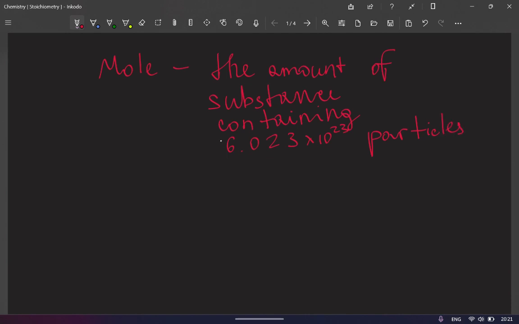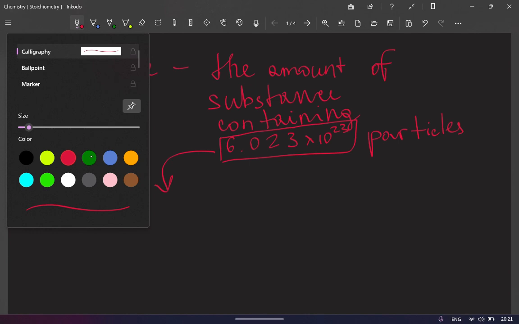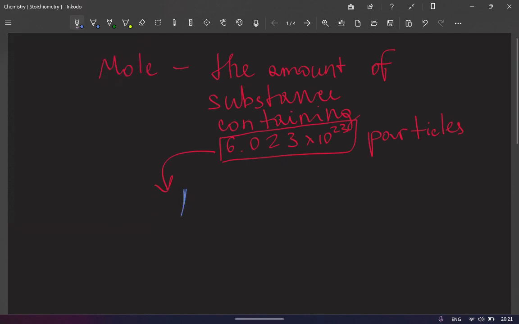Or we call this value, this constant, Avogadro's constant.